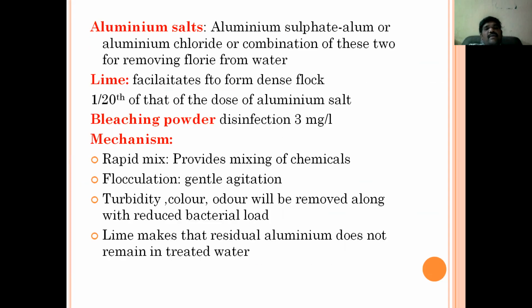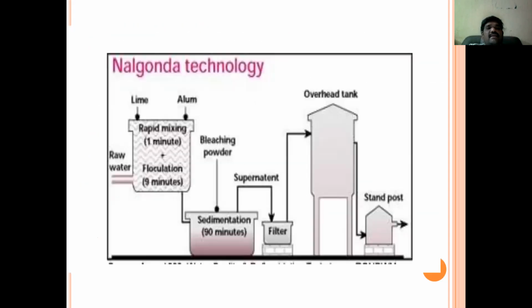Simply see the mechanism: rapid mix, lime is added, alum is added, and rapidly we are mixing. This is the raw water. Just try to remember, in the third unit we have seen, we just added the optimum dosage of coagulant and allowed for flocculation, where the rotatory arm is adjusted to rotate for fixed RPMs.